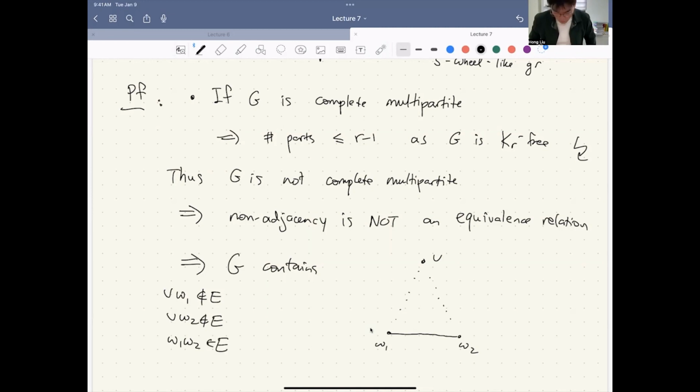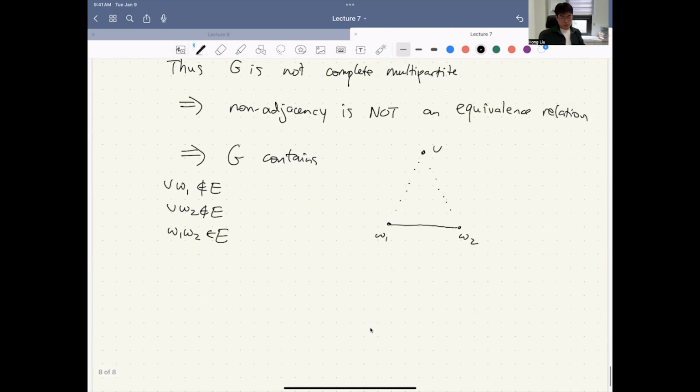Okay? We must contain such three vertices. If this is not clear, think a little bit more yourself.